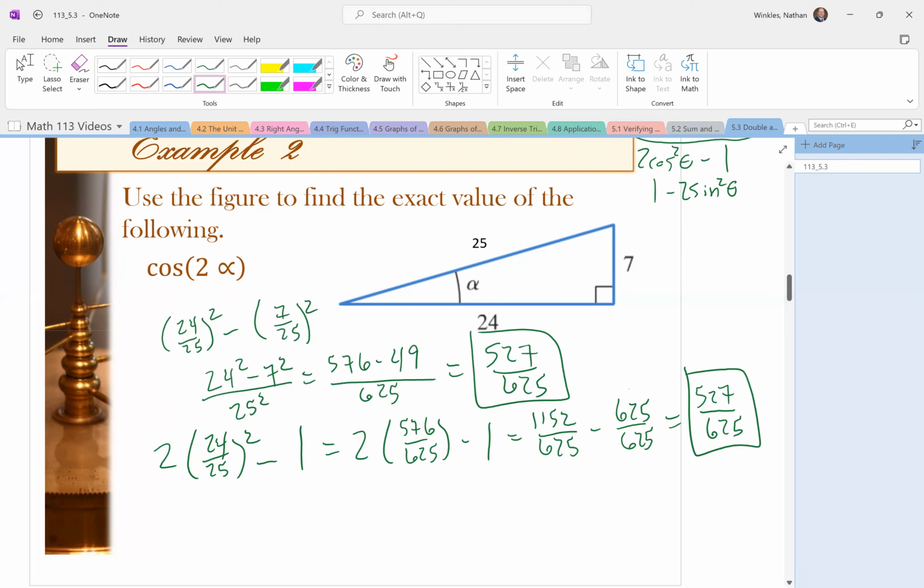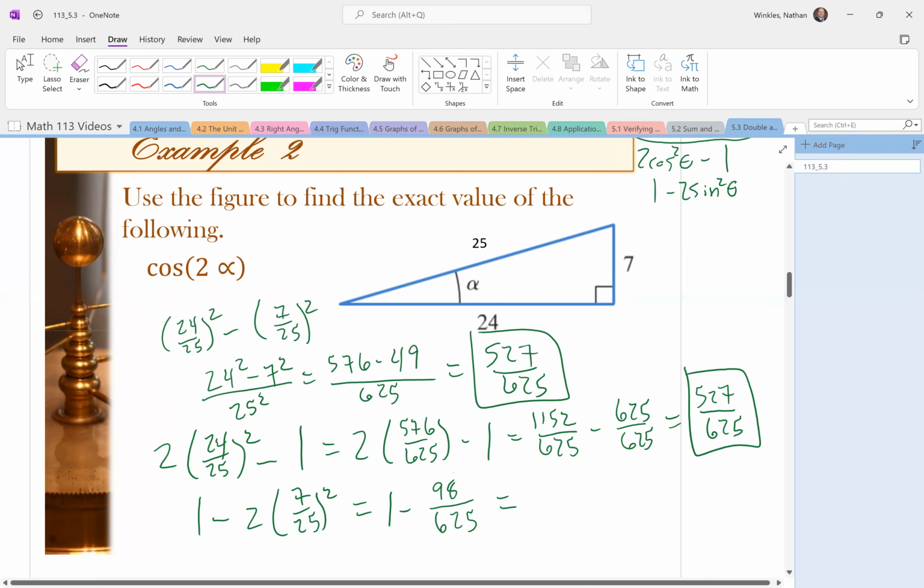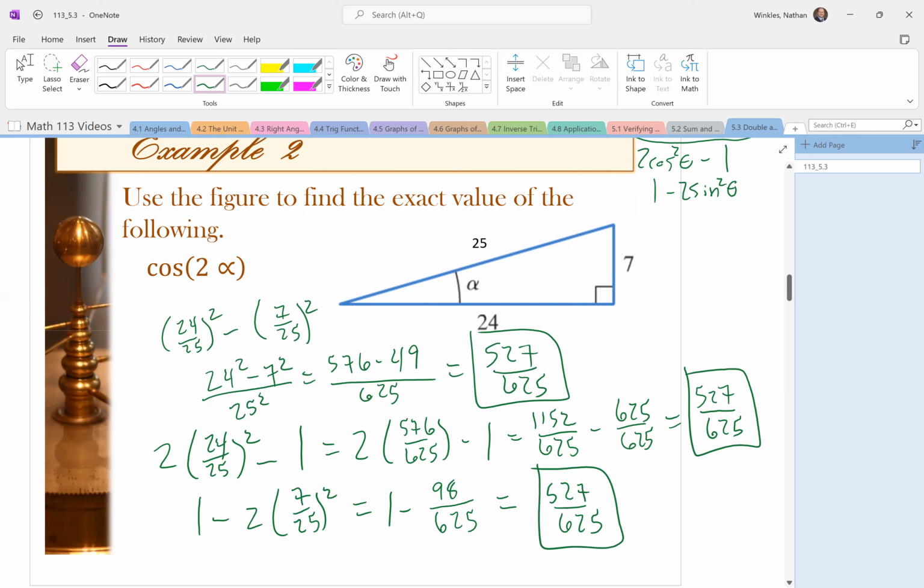Again, the same answer. If we do the last one, 1 minus 2 times 7 over 25 all squared, which is 1 minus 98 over 625. So 625 minus 98 is 527 over 625. 3 different formulas, all 3 give us the same answer. So it doesn't matter which way you do it.